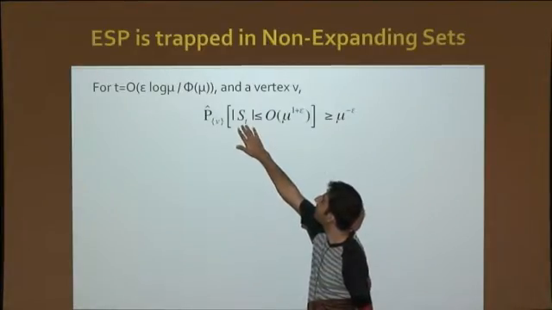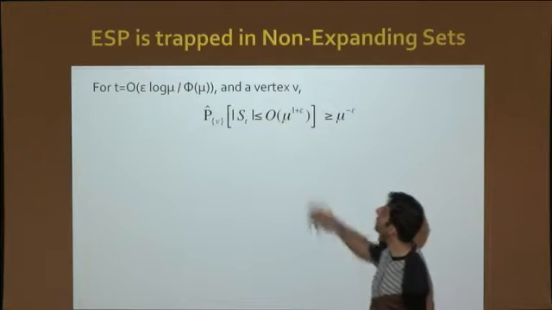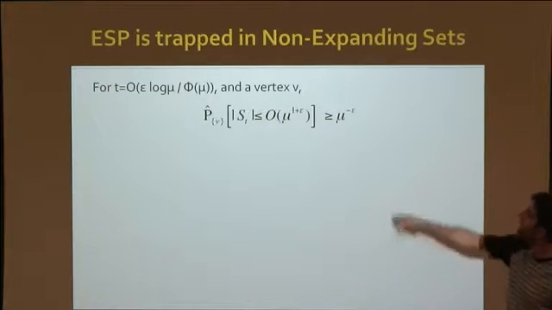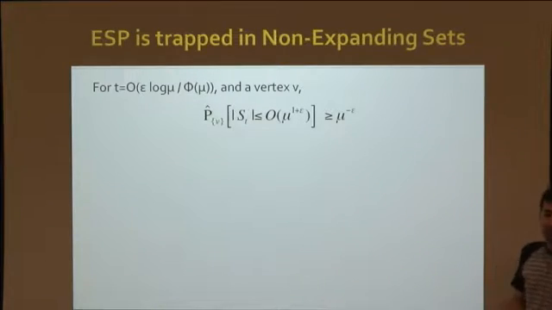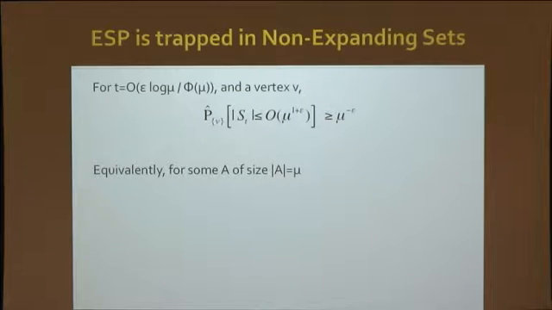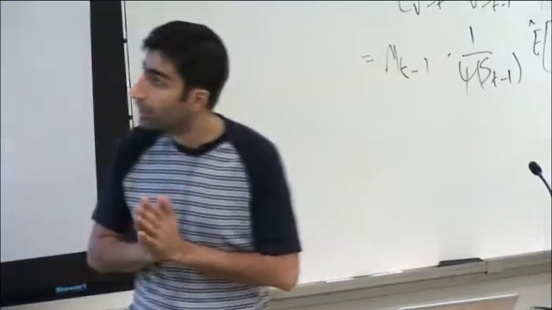I want to prove that for a sample path S0 up to st, the last set is at most mu to the 1 plus epsilon with some inverse polynomial probability in mu, for some very large t. Here the idea is to use the coupling between the process and the random walk.